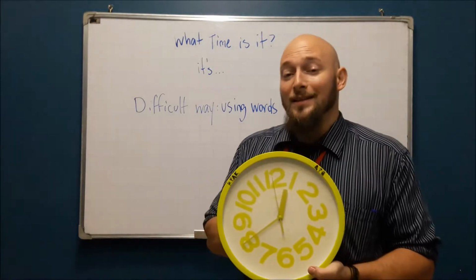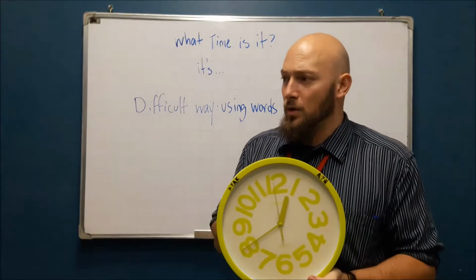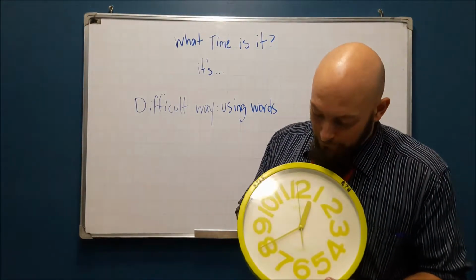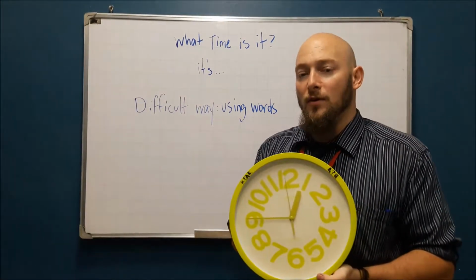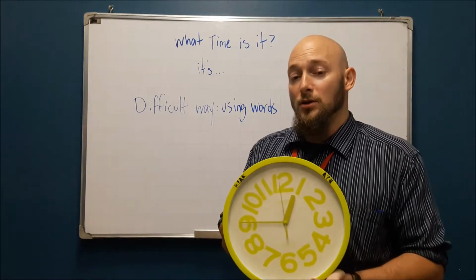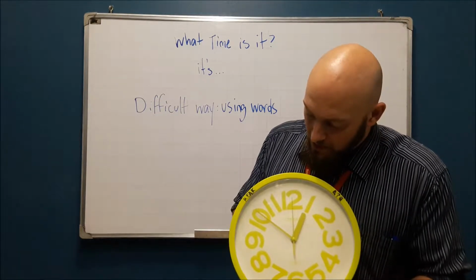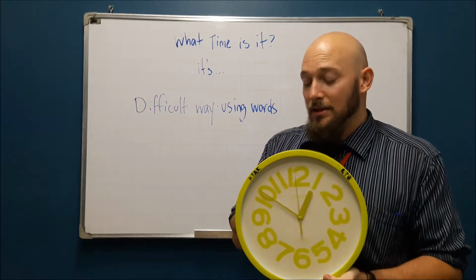Over here, easy way, 12:40. 12:40, difficult way, 20 to 1. Over here, easy way, 12:45. Difficult way, quarter to 1. Okay. Easy way, 12:50.